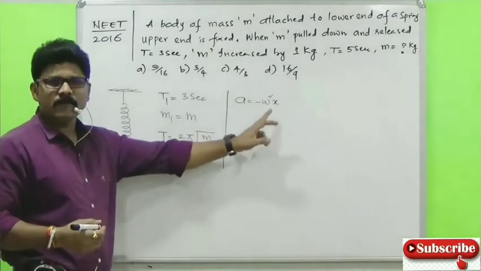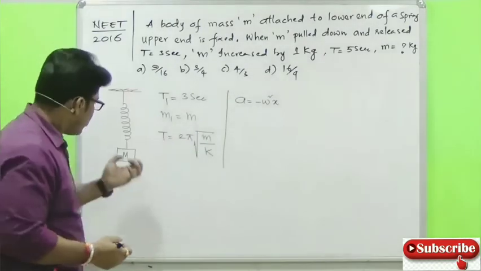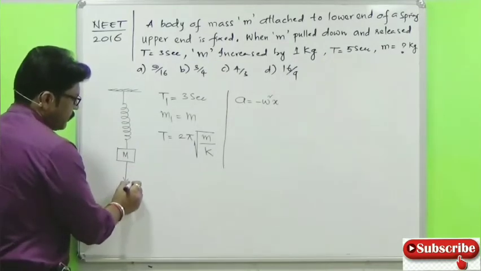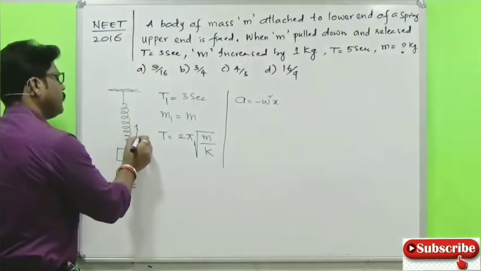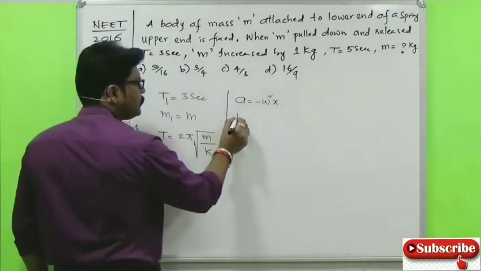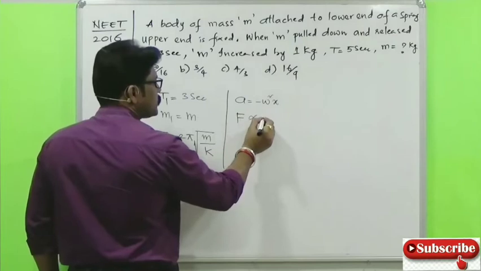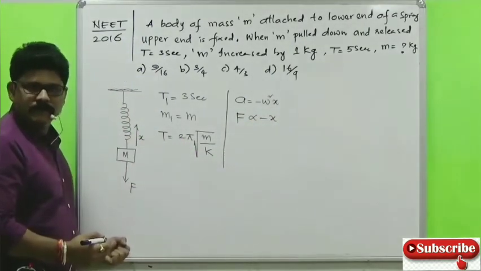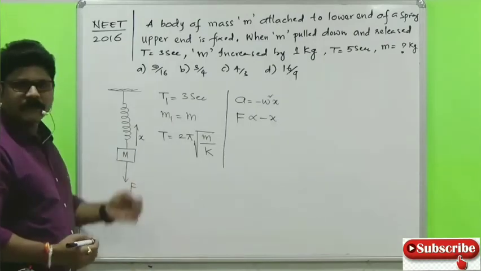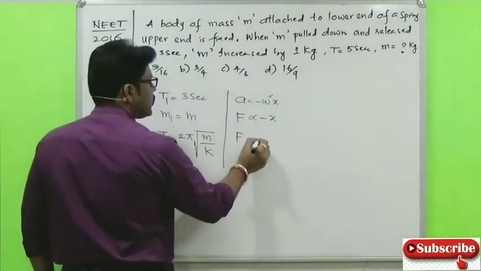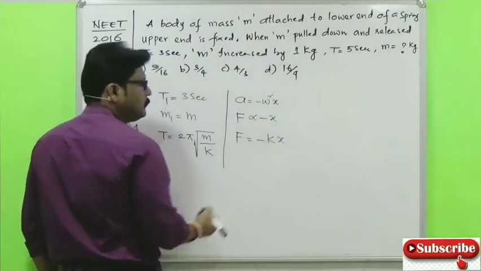When you are pulling in the downward direction with a force of F, displacement is in the upward direction, which is x. So here F is proportional to minus x. As the force is pulling downwards and displacement is in the upward direction, F equals minus k into x.